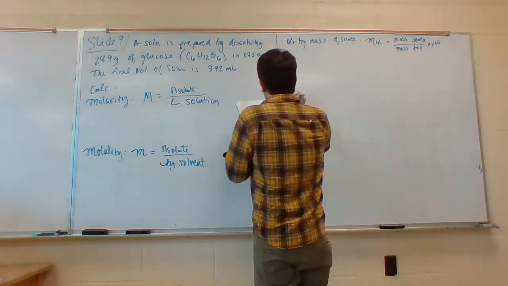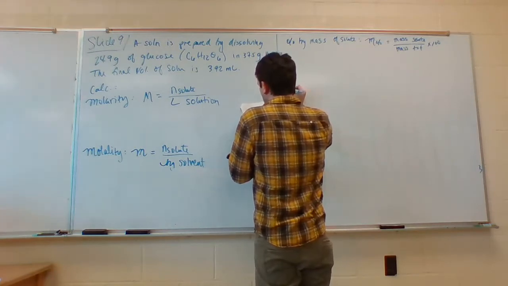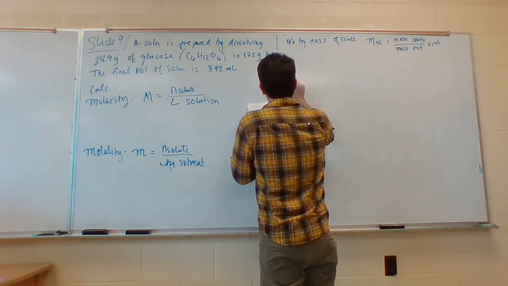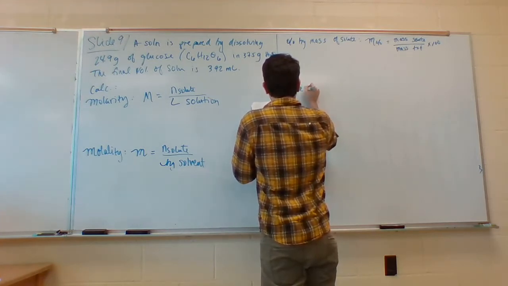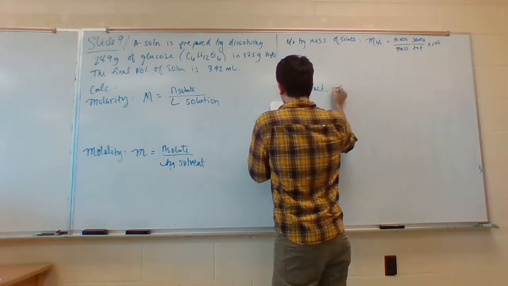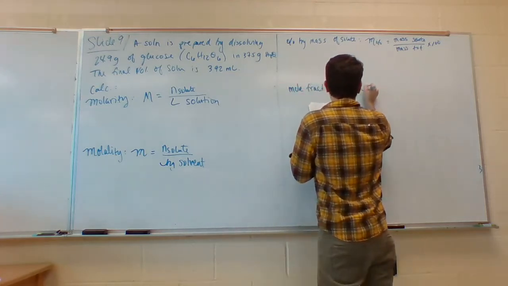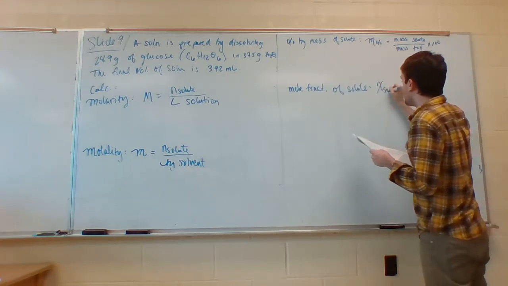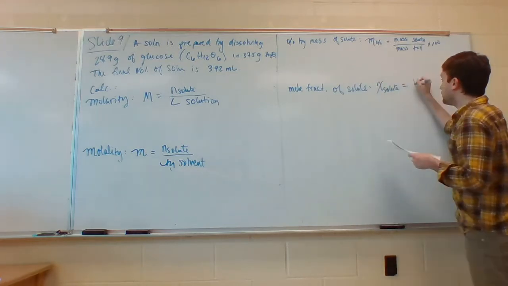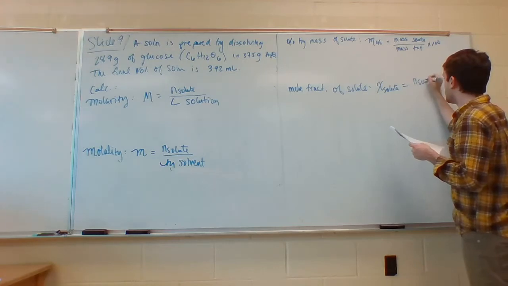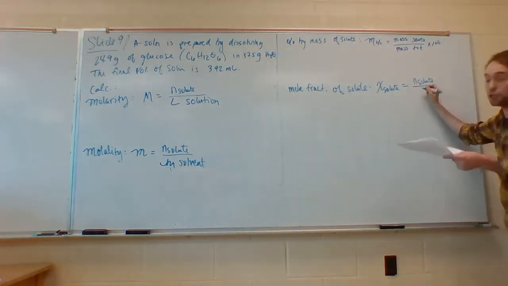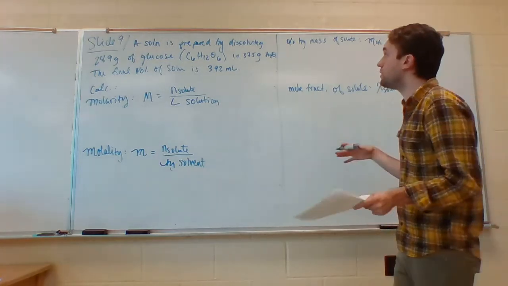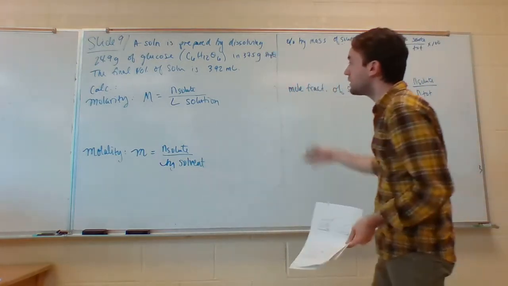The next thing that I would like you to calculate is your mole fraction of the solute. To again get your mole fraction of the solute, that would be equal to your moles of solute over your moles total. So in order to do this, we're going to need moles of different things.